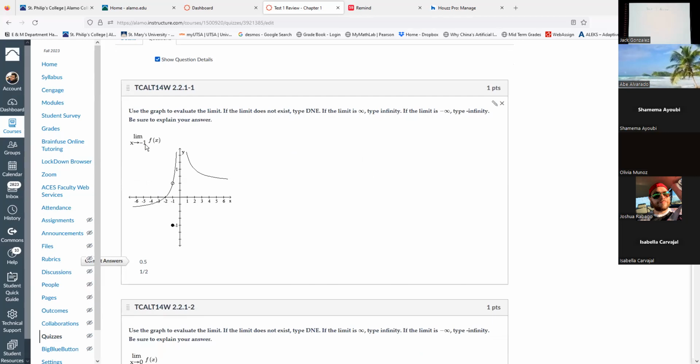Now, the limit as x approaches -1, that's right here. So, as we approach from the left and the right, the y value is going to... what is this value?